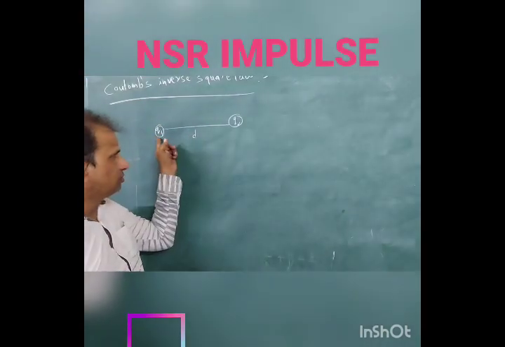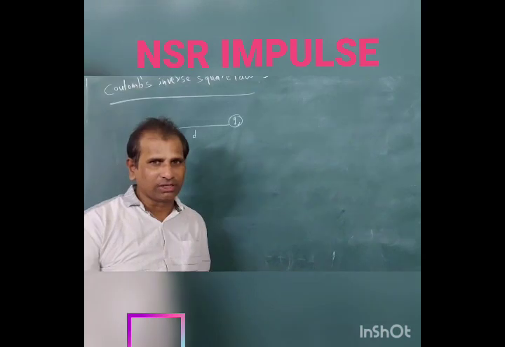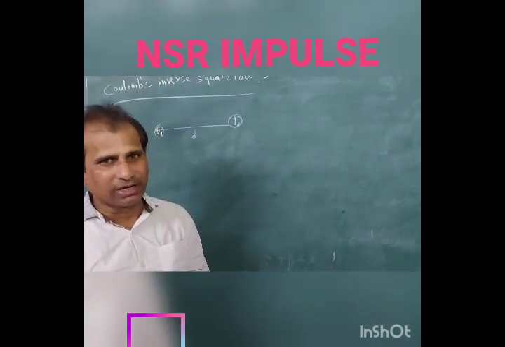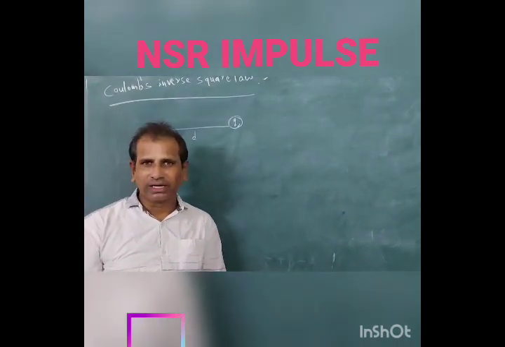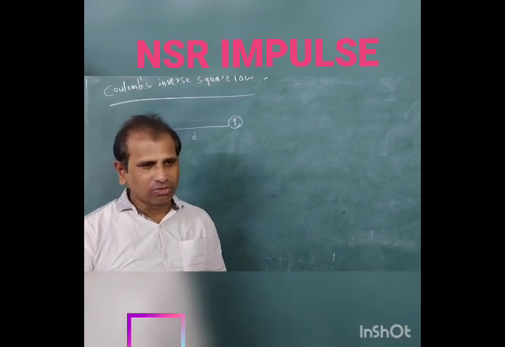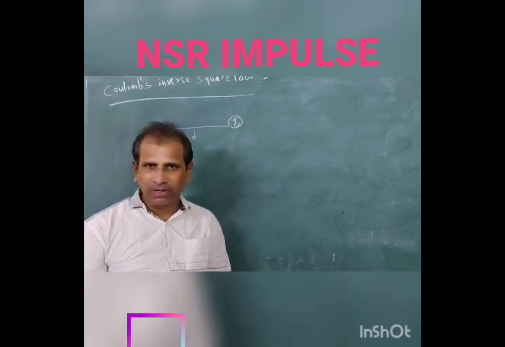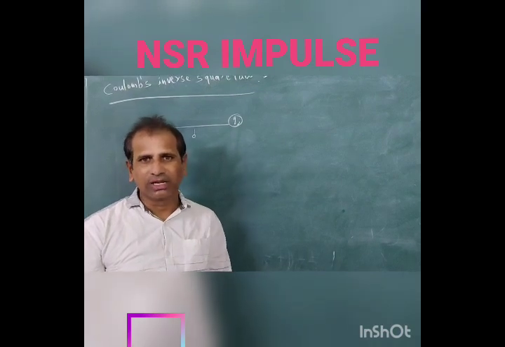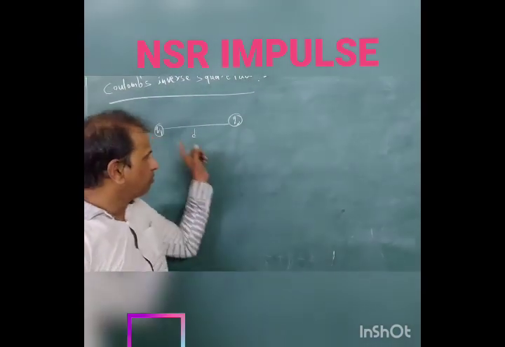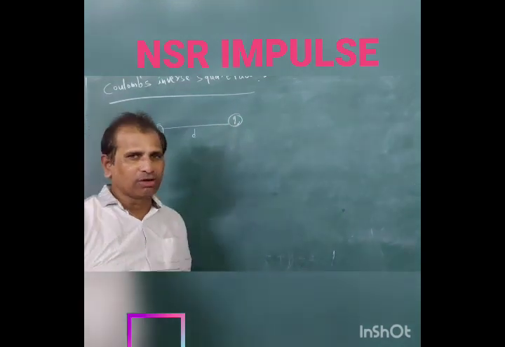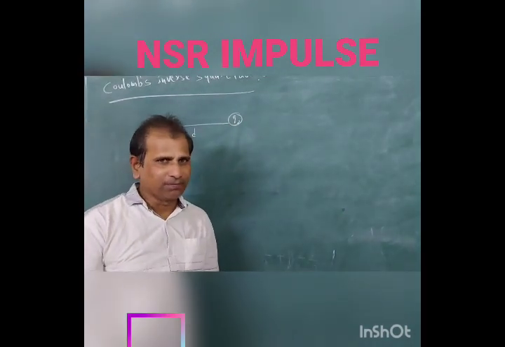If one is positive and the other is negative, then there exists attraction. So force of attraction exists between two unlike charges, meaning dissimilar charges. Force of repulsion exists between two similar charges. Similar means both must be positive or both must be negative.